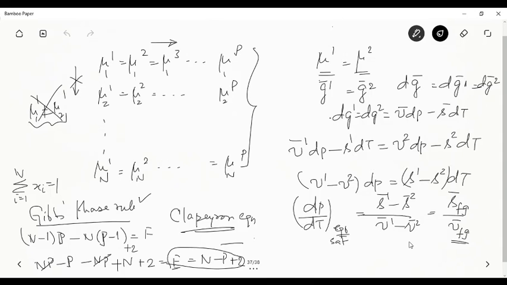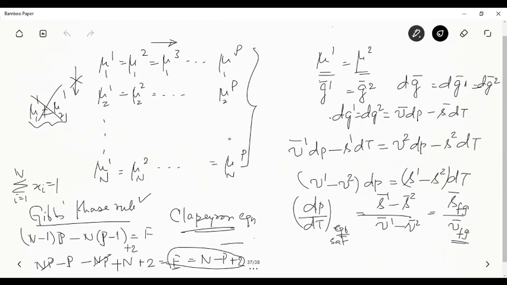And since the phase change happens at constant temperature, usually for liquid vapor equilibrium, for example, this sfg can be written as hfg by T, because we can get from TdS equal to dH minus VdP, and since the temperature and pressure remain constant during the phase change process, the VdP term goes to 0.